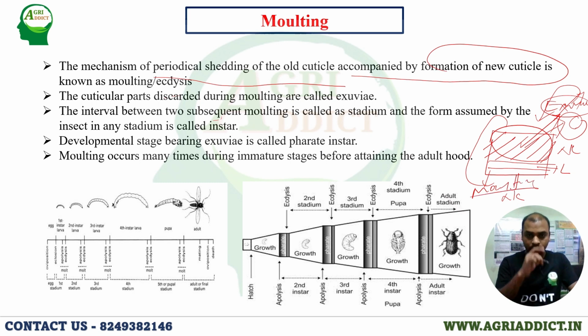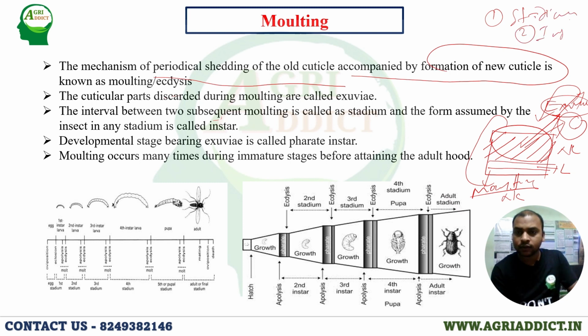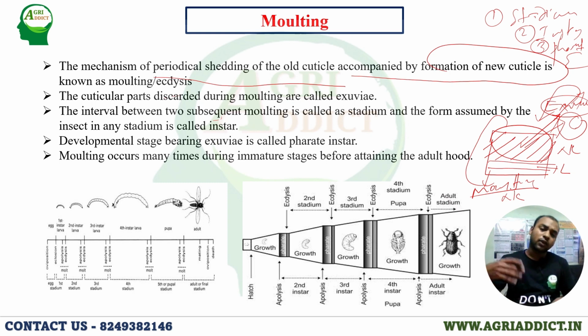I am going to tell you about three important terms. Just remember them: one is stadium, then instar, and third is ferret. What does stadium mean? Throughout its life, one insect may undergo molting several times, say five times.